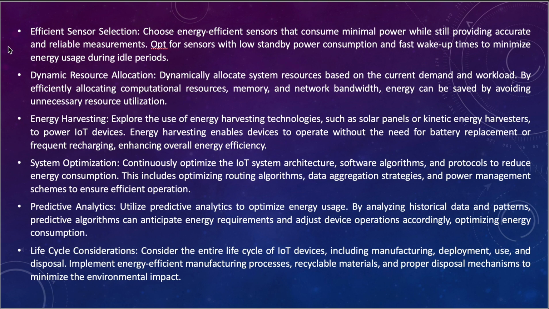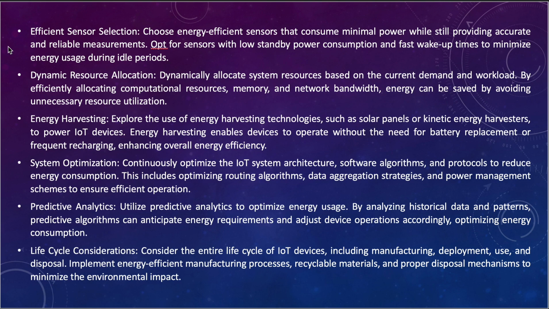Efficient sensor selection. Choose energy efficient sensors that consume minimal power while still providing accurate and reliable measurements. Opt for sensors with low standby power consumption and fast wake up times to minimize energy usage during idle periods.